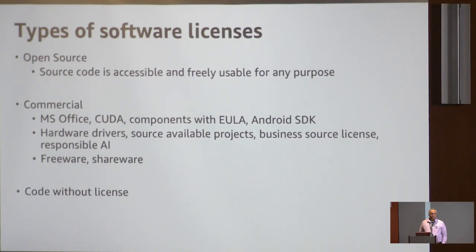There are pure commercial software such as Office, then there is CUDA, and you might find some software with EULA in it. On the other side, you might find yourself, if your vendor is supplying you some hardware drivers or some other code that may be coming with a condition that yes, you are free to use it as long as you are using their own hardware.